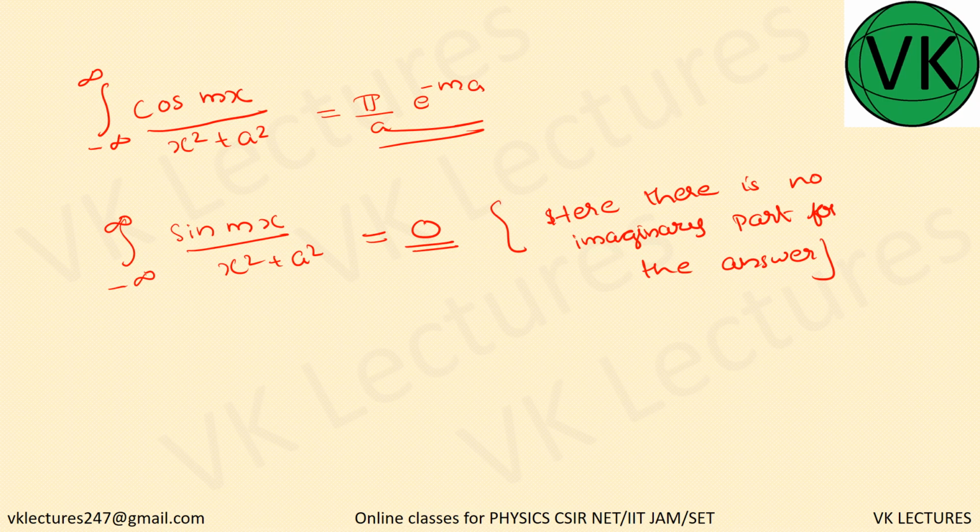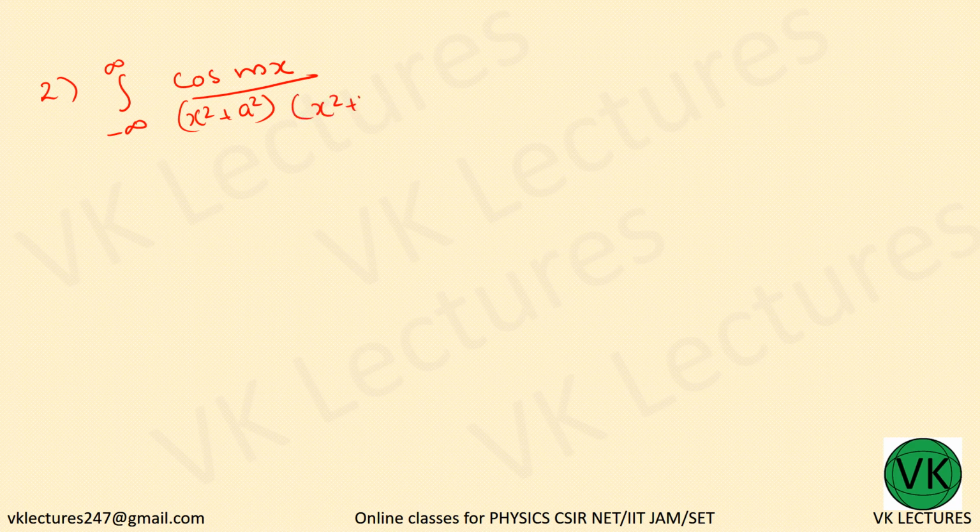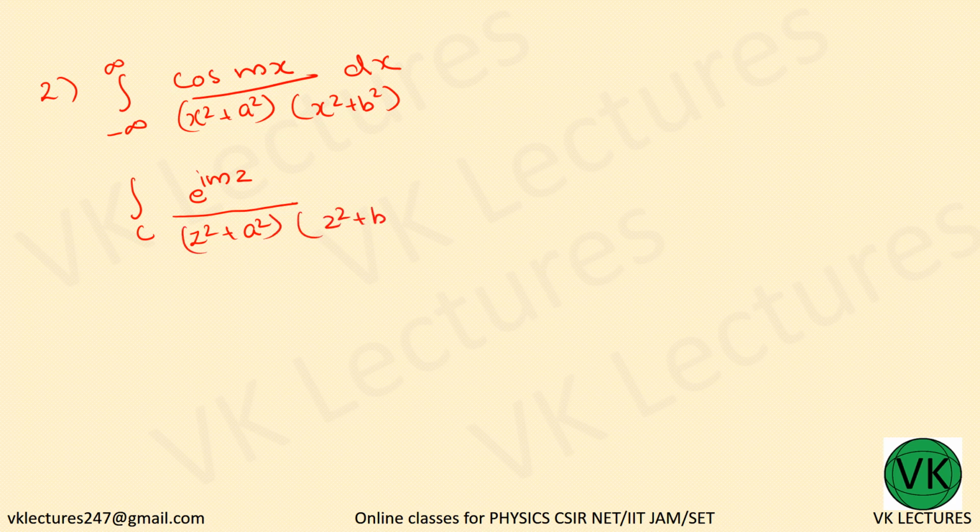Now next question, integral minus infinity to plus infinity cos mx divided by x square plus a square into x square plus b square dx, that is integral c e raised to imz divided by z square plus a square into z square plus b square.